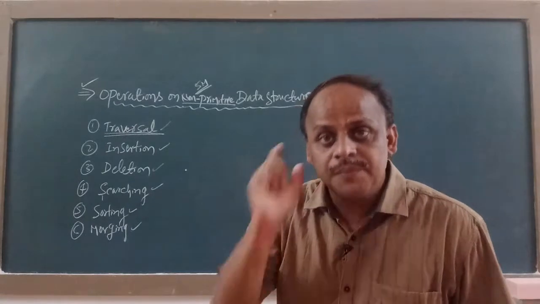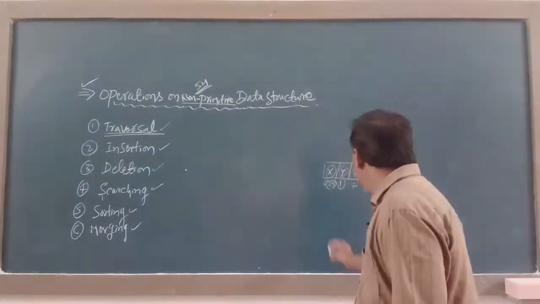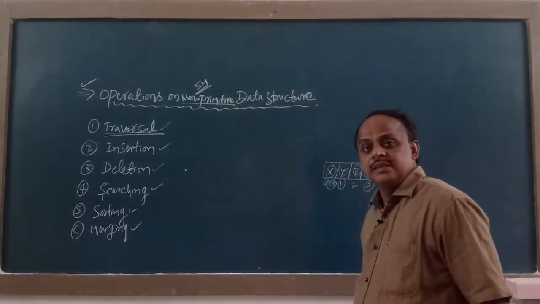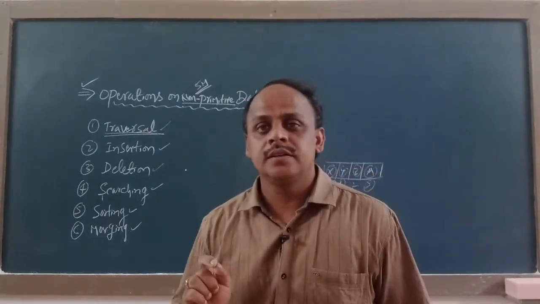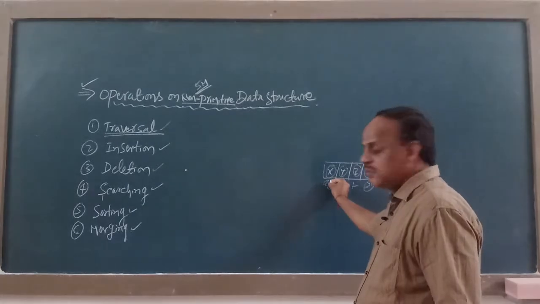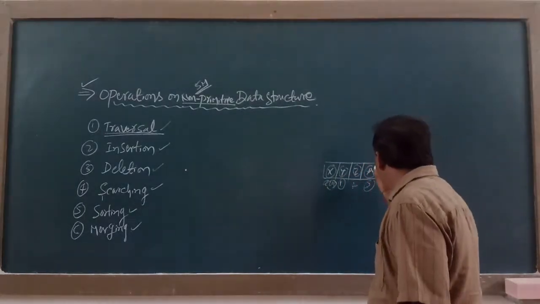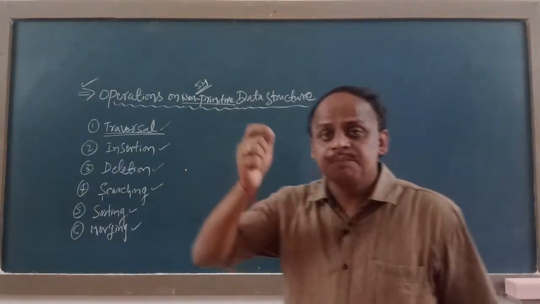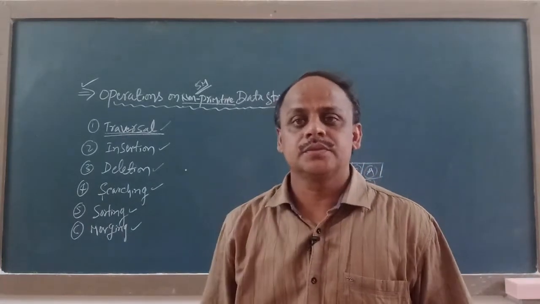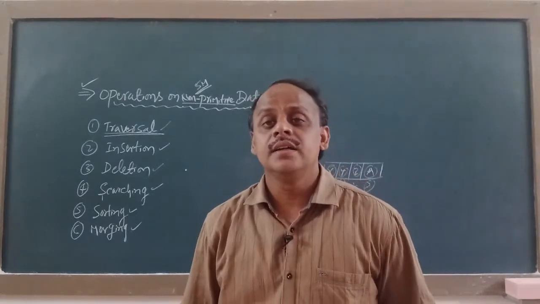To perform some specific operation, exactly visiting each data element is called traversal. We have to visit this location, this location, this location, and this location also. Means we are going to visit particular locations to perform some task; that is called traversal.